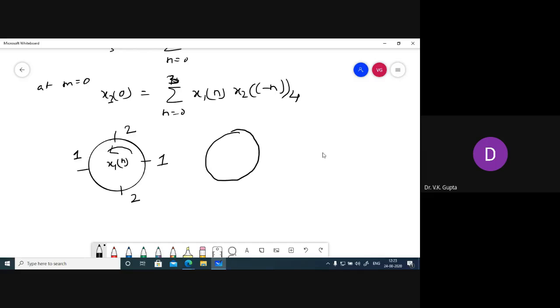This is your second sequence x2(n), with the positive direction, and the quantity is 1 2 3 4. We have to find x1(n) multiplied by x2(minus n), meaning the circular reversal of x2(n). What will be the circular reversal of x2(n)?